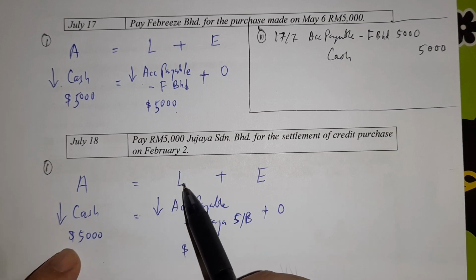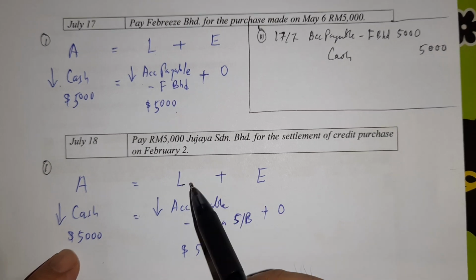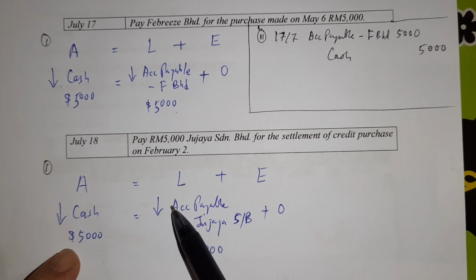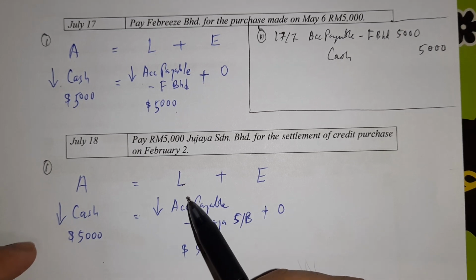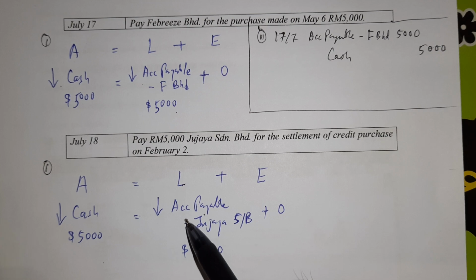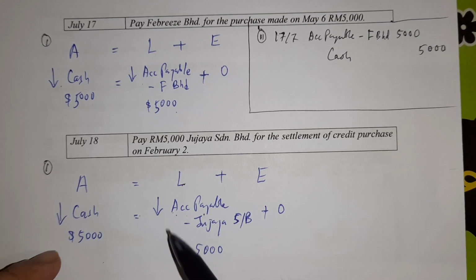And the liability has decreased. When the business purchased something from Juju Jaya, you recorded it in account payable. At that time, you recorded an increase in liability because the business owed money to Juju Jaya. Now, the business pays back the amount that has been owed. So the liability decreases, account payable decreases.